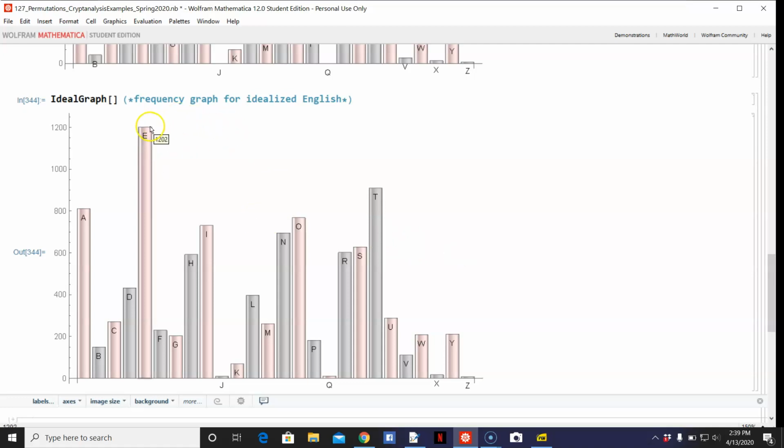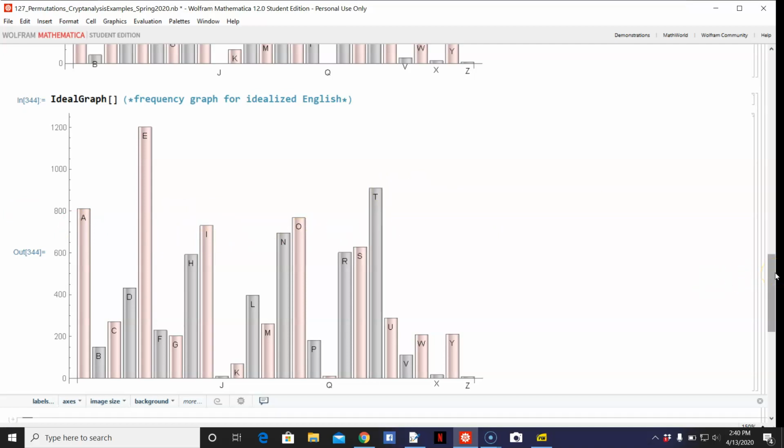E is the most frequent, T is the second, followed by A, O, I, N, and the peaks relative to each other are accurate. This reflects the fact that E is about 12%, T is about 9%, and then these three come in around 8.